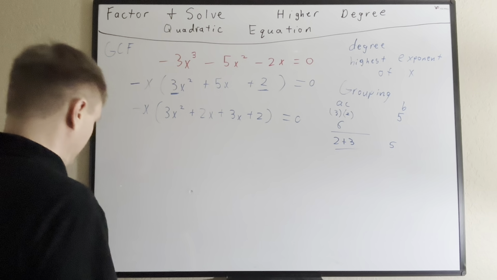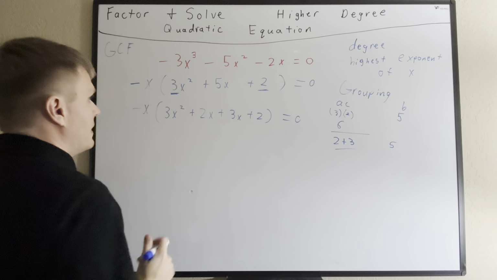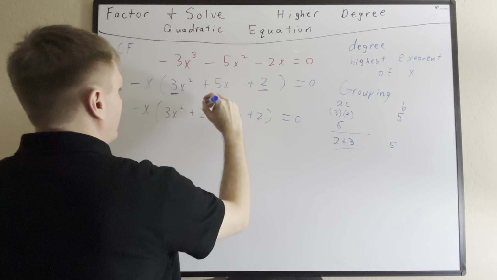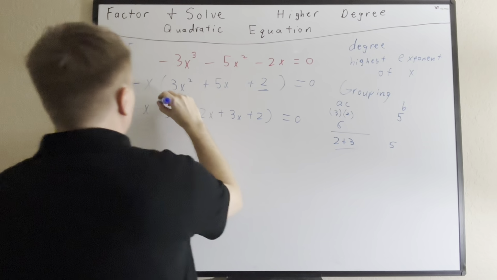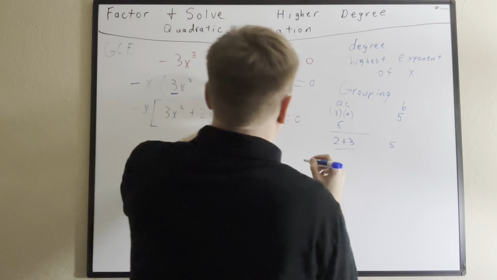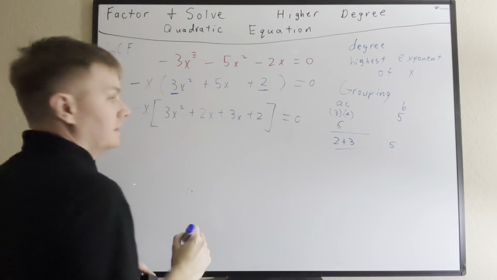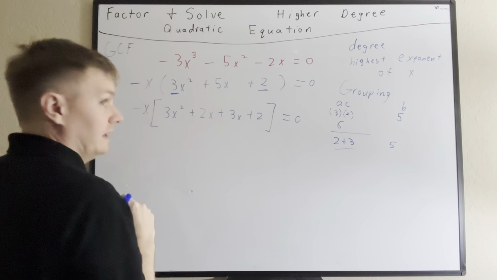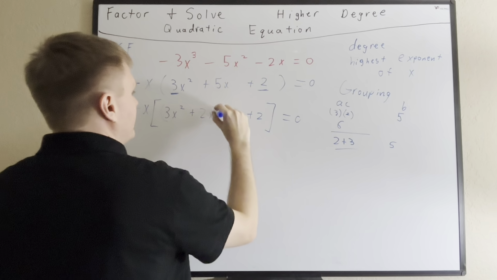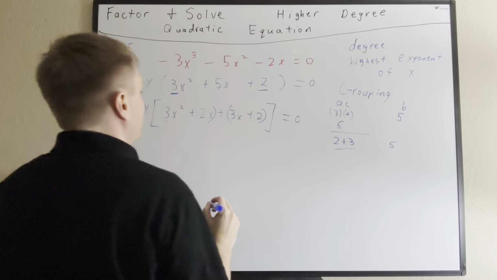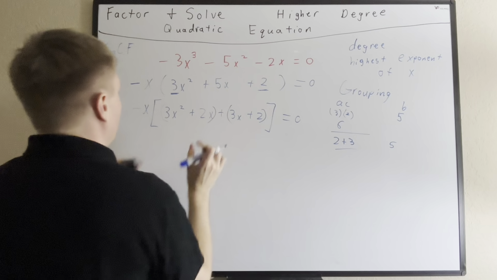All right. So now let me just change this parentheses to a bracket, because we don't like to have multiple parentheses in the same thing unless you're entering this in your fancy calculator. We have brackets, and then on the inside we have parentheses, and we GCF both of these separately.